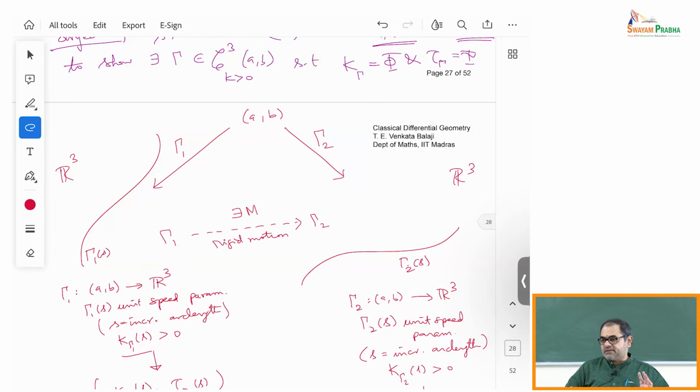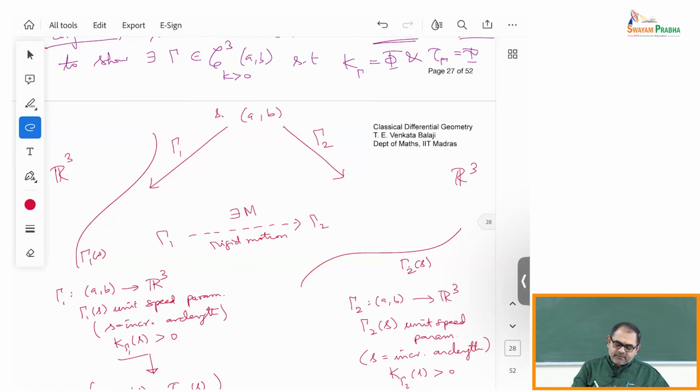See, suppose such a rigid motion existed, then what does it mean? Let us take any point S0 in AB. This S0 will be taken by gamma 1 to a point gamma 1 of S0, so there is going to be a point on the first curve. Then the same S0 will go to some point here, gamma 2 of S0, that's on the second curve.